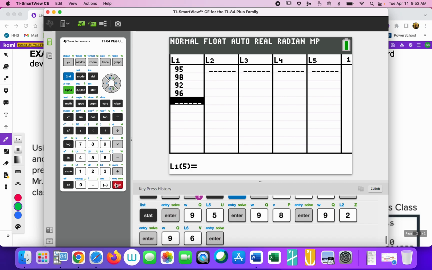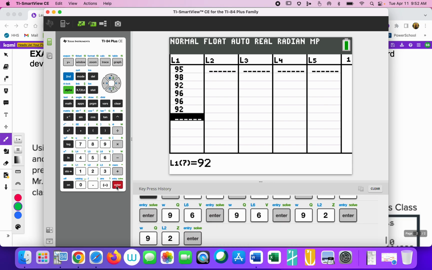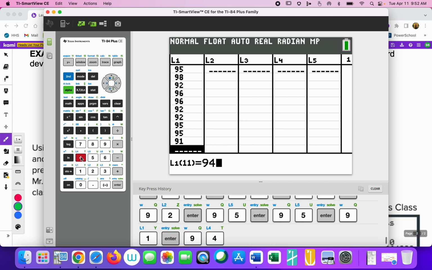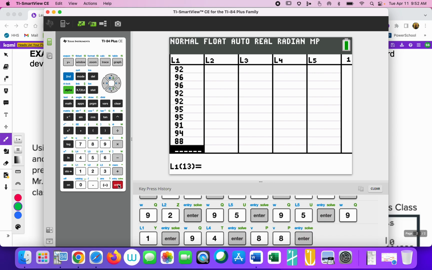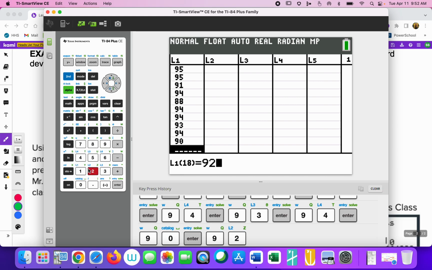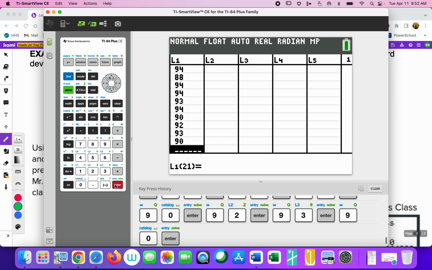So this is you practicing to try and solidify this process in your head. And then arrow over to list 2 to enter in the second class scores. So make sure you have 20 in each one.